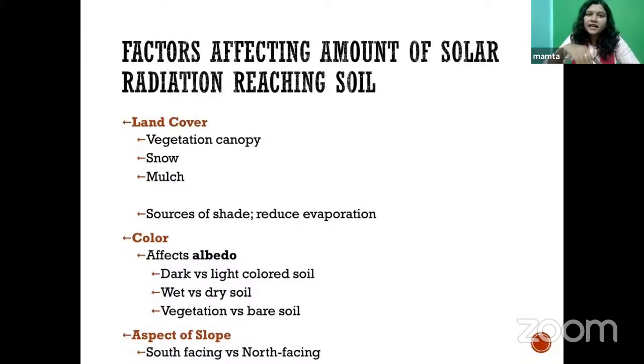So the temperature will be high at 2 p.m., and that is why we take the reading at 2 p.m. So in the south facing, the second half solar radiation is more intense and the temperature is higher. So south facings generally have warmer temperature than the north facing. Okay.